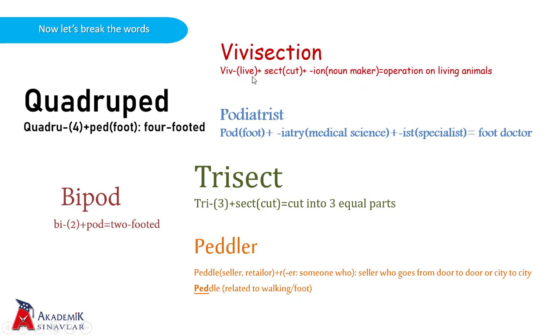Viv was live or life. Sect, cut. Ion was a suffix that made nouns. Now, putting them all together, we understand that it is a kind of cutting operation done on living creatures, means animals. It is a kind of operation done in laboratories on animals for research purposes.